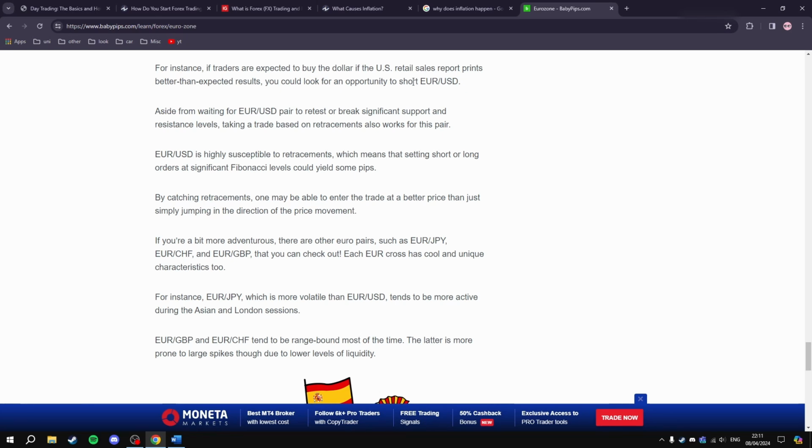Therefore you short this currency pair, because if it takes less USD to buy 1 euro, then the value of that currency pair is obviously going to drop. So if it drops, then you're shorting it, because you're selling it in hopes that it does drop.